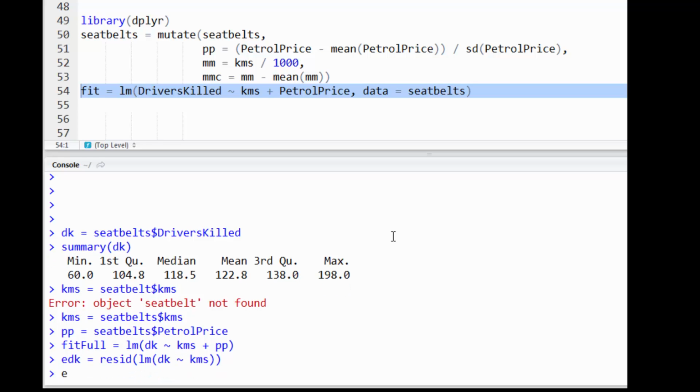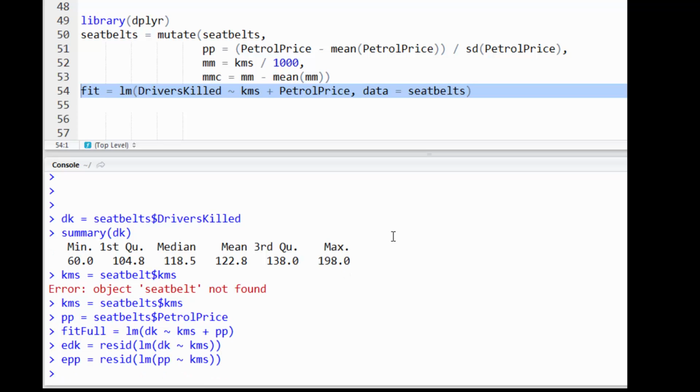And the residual for petrol price is going to be the resid for the linear model that has petrol price as the outcome and kilometers as the predictor. So now in these two residuals, we've regressed out any linear association with kilometers from both drivers killed and petrol price.